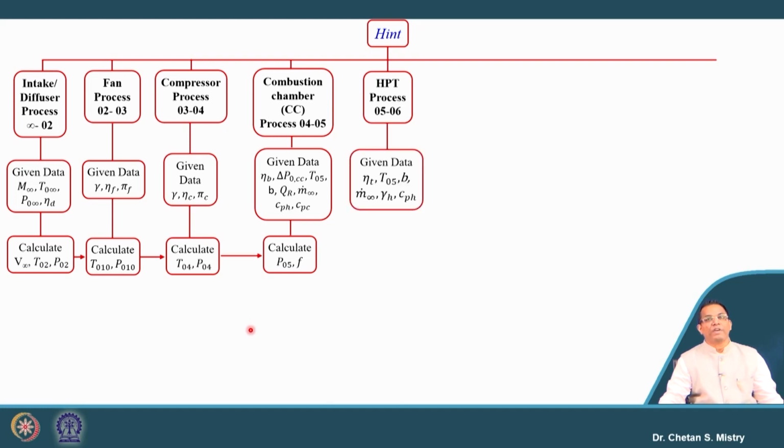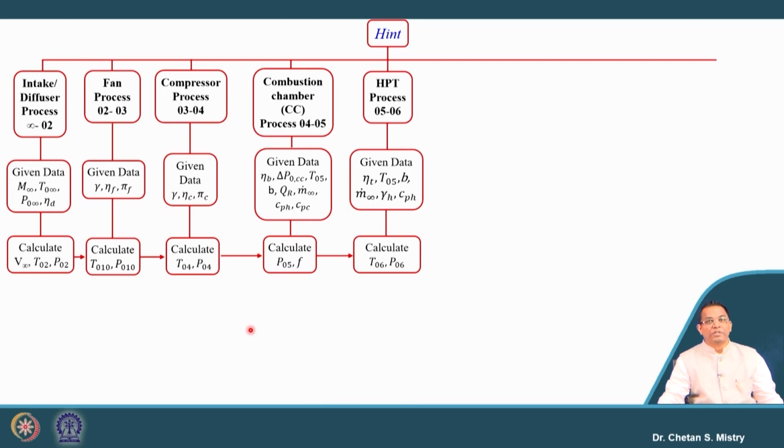The next component is the HP turbine. For the HP turbine, the efficiency is given. Again, be careful, the bleed is given, so in terms of calculation you need to incorporate this parameter. That will give us the exit pressure and exit temperature.